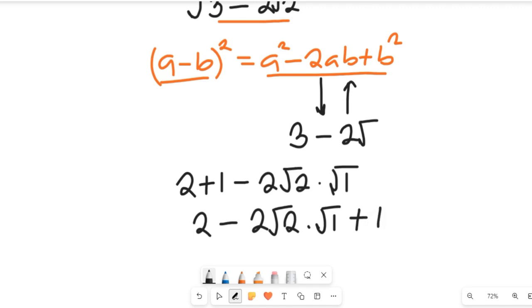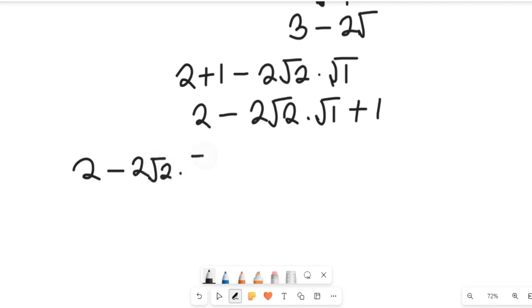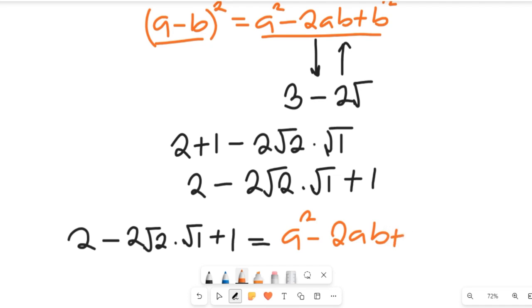Now you will see that this value we've gotten, 2 minus 2 root 2 multiplied by root 1 plus 1, is still equal to the same form we have here, a square minus 2ab plus b square.